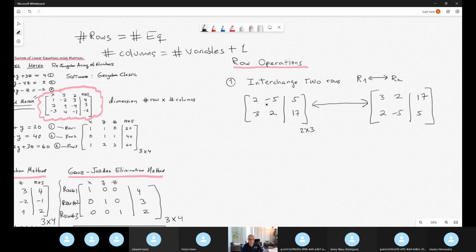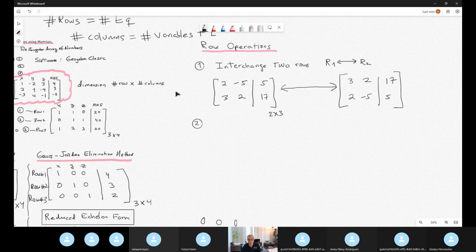Suppose the second row operation is when you multiply a row by a non-zero number. It's exactly what we are doing in elimination.